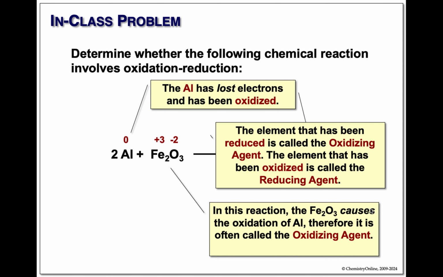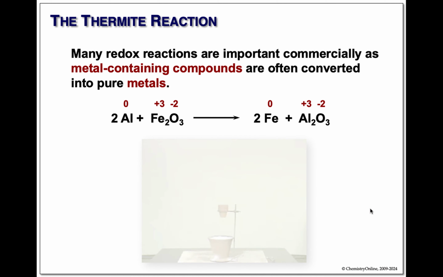Now this reaction, we saw it earlier. This is the thermite reaction. Single replacement. Here we have a flower pot. The flower pot is full of aluminum and iron trioxide, just mixed up, both solids.